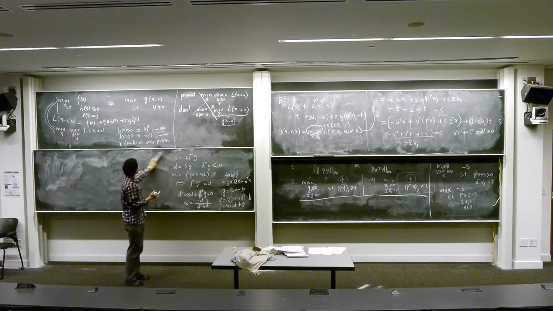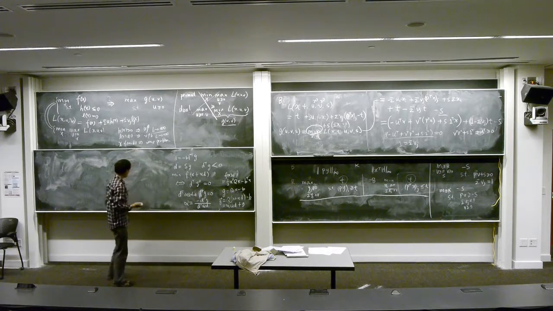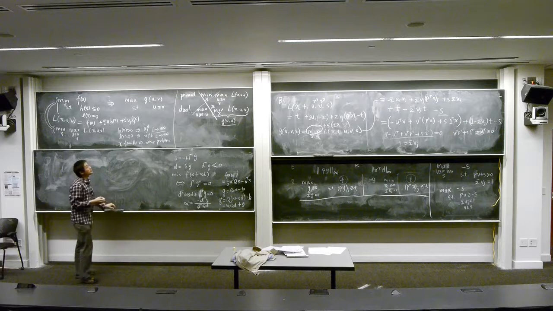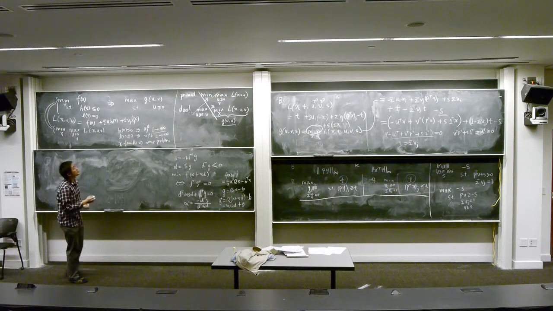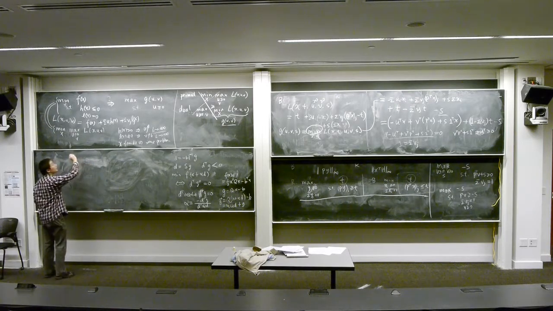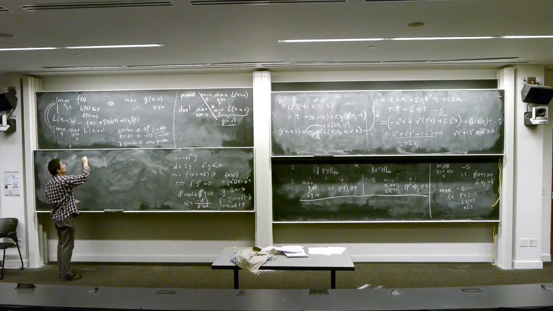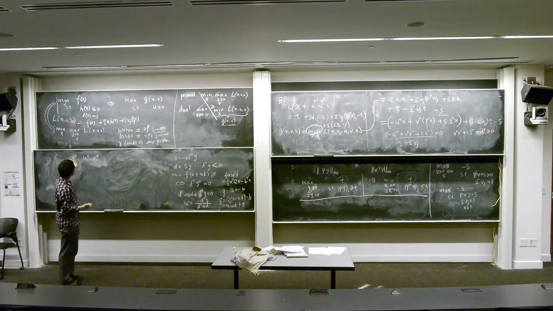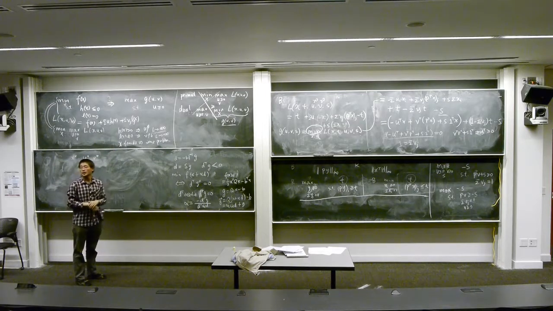So if your primal solution is the same as the dual solution, basically if x star, u star, v star, so for every x star I can get a u star and v star in my primal problem.